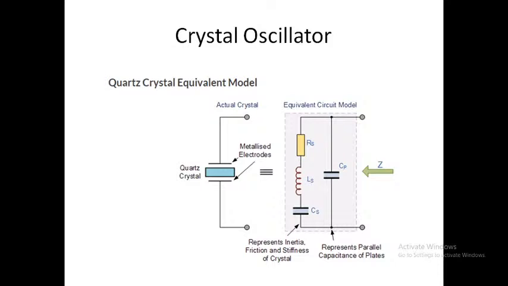So there are a resistor, inductor and capacitor in series, and again there is another capacitor which is parallel to all of them. So this is the equivalent model of the crystal. This is nothing but a series RLC circuit.